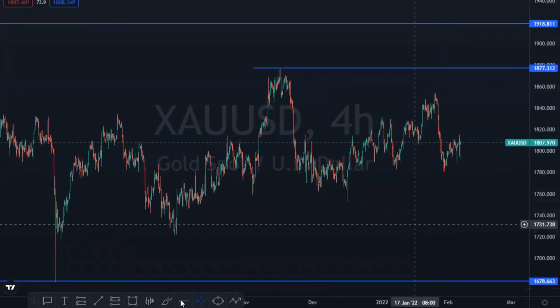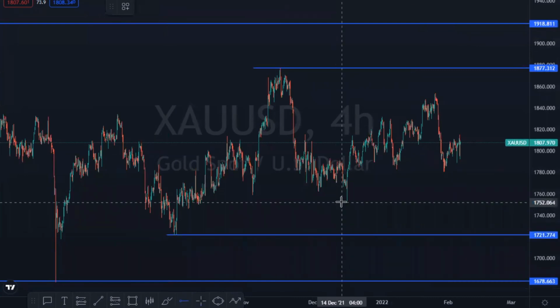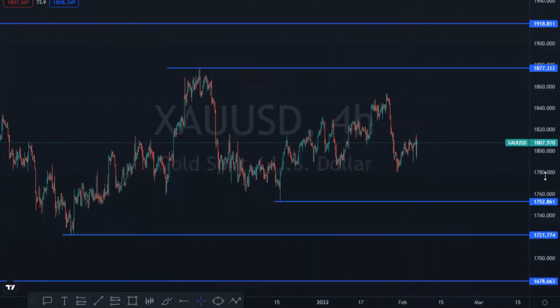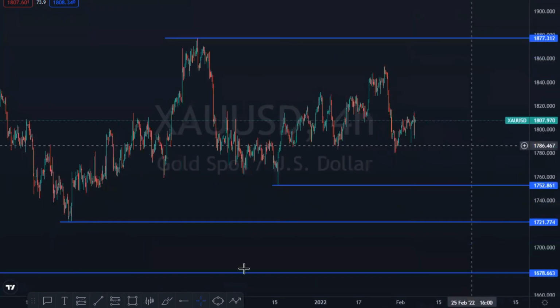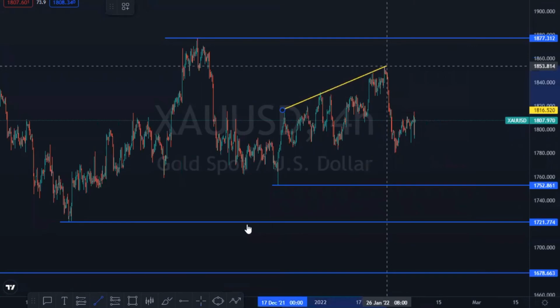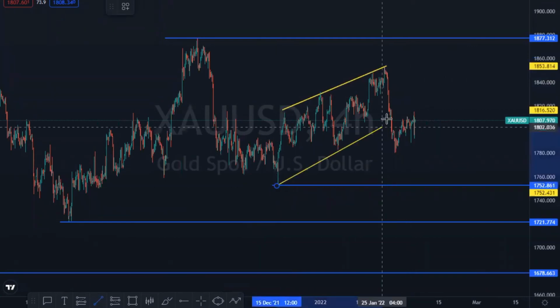I could also see that we have a level here and we also have a level here, right? After identifying my levels on the 4-hour time frame, I can also see that we are having a rising wedge here. We are having a type of a rising wedge.